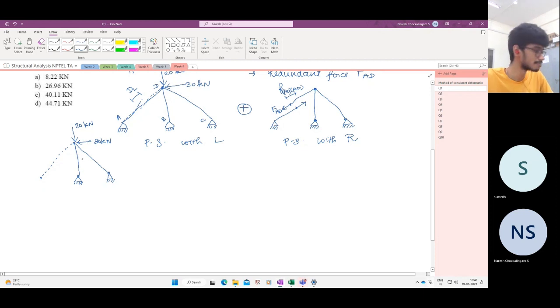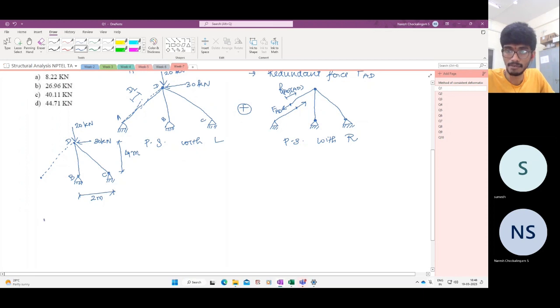If you look at the geometry, this one is 2 meters, and the height is 4 meters. So this is point B, C, and E.